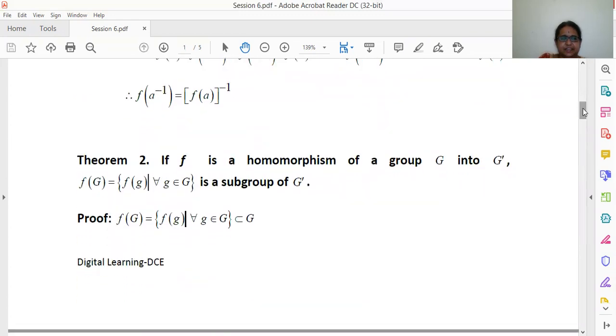And here, we have shown that if f is a homomorphism of group G into G dash, then f of H, which we have called the subgroup of the codomain, that is G dash.